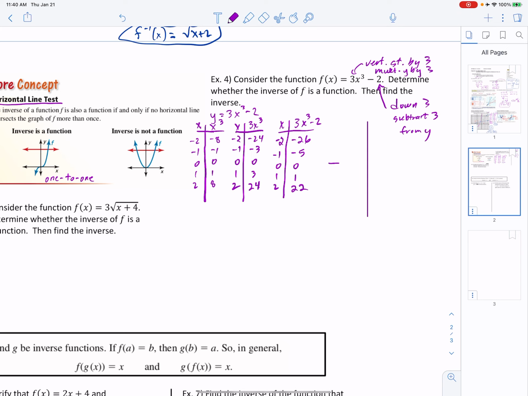So I'm not going to get all of this in here, but if I go to the left 2, I'm way down at negative 26. To left 1, I'm down 5. And then 0, 0, 1, 1, and then at 2, I'm up at 22. So this would be going like this.